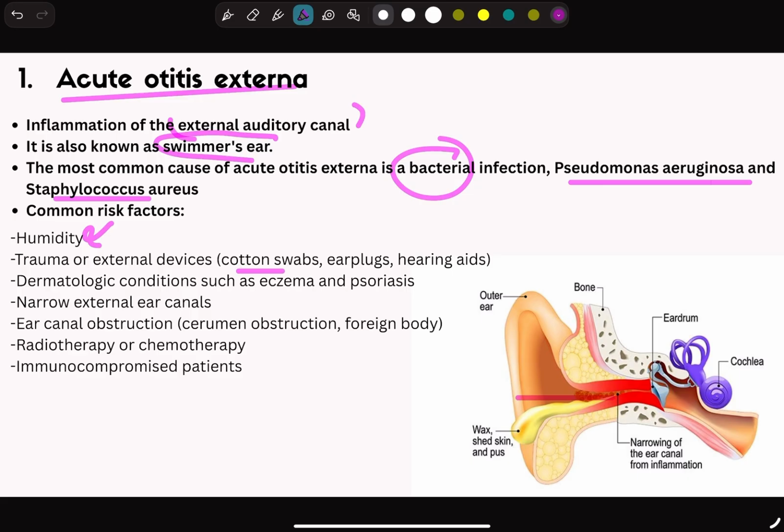That's why we really advise not to use cotton swabs because they can cause infections because of trauma. Earplugs, hearing aids, some dermatological causes like eczema, psoriasis, wax impaction, foreign bodies, and patients or people who have low immunity will be at risk.